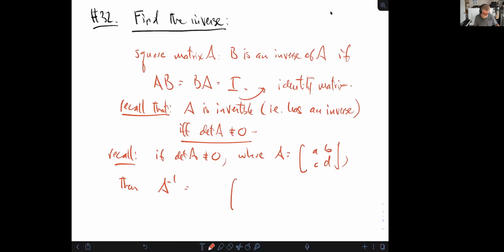It's a 2 by 2 matrix, but it's multiplied by 1 over the determinant, which is 1 over AD minus BC. So you see that for sure you need this determinant to be non-zero. Otherwise, this is junk. You're dividing by 0. It makes no sense. Now the 2 by 2 matrix here, I always have to think about it.